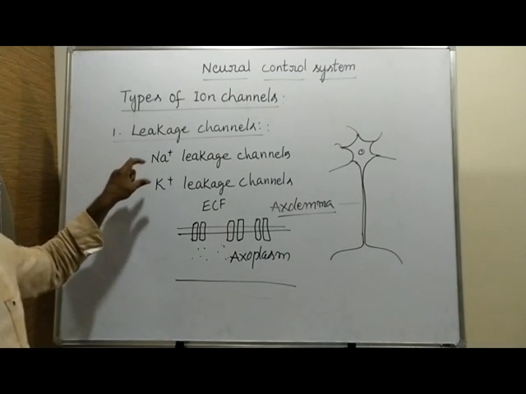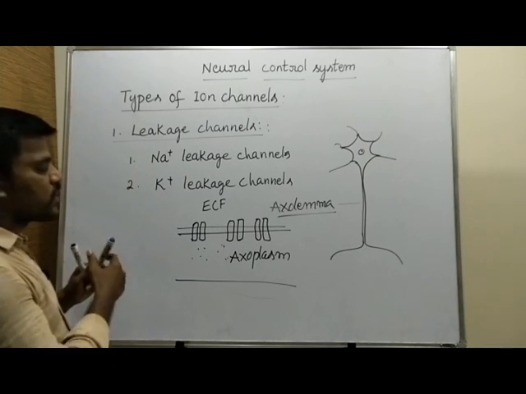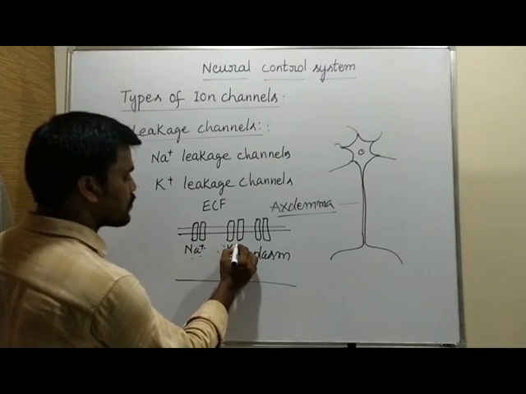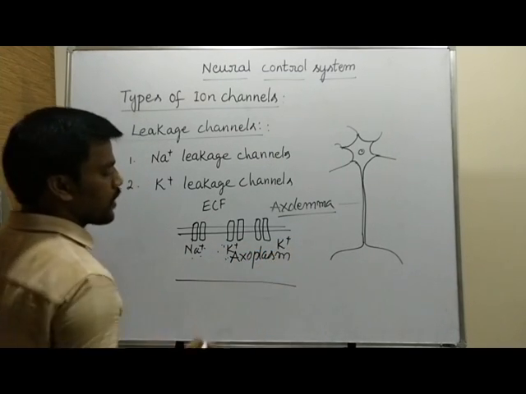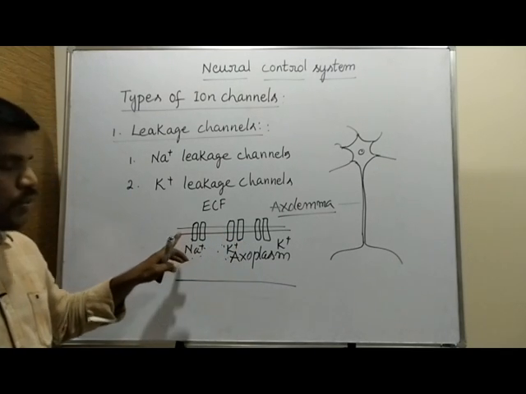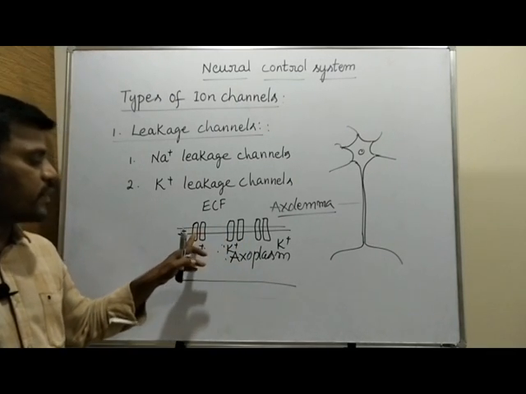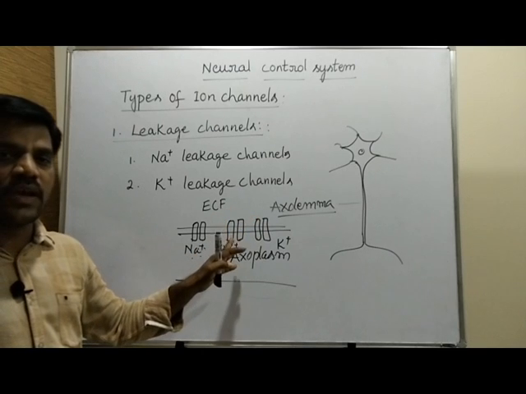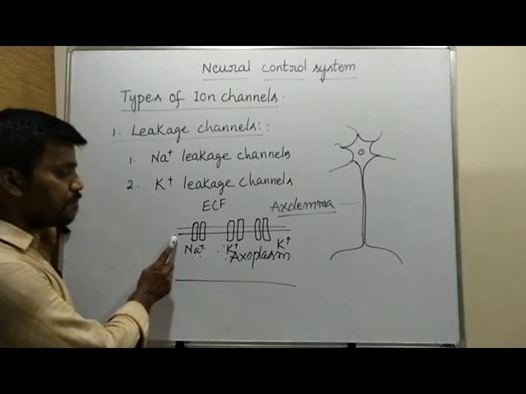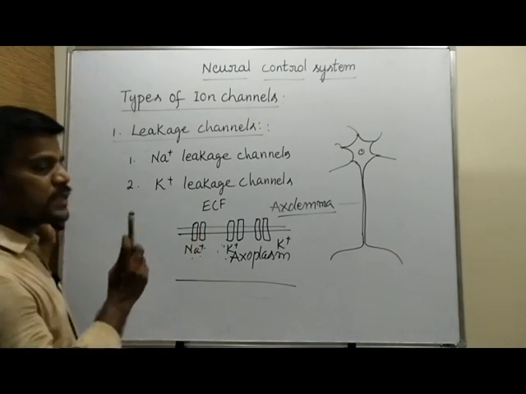When we compare the potassium channels with the sodium channels, the number of potassium channels is greater than the sodium channels. That's why this axolemma membrane is more permeable to potassium ions.